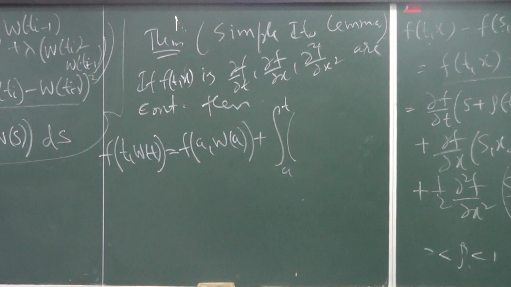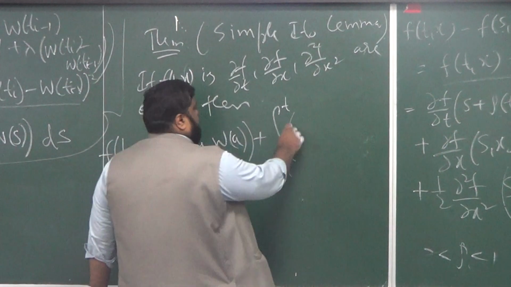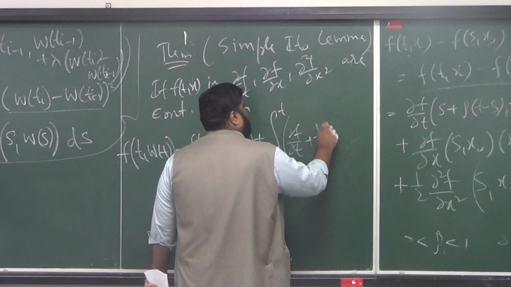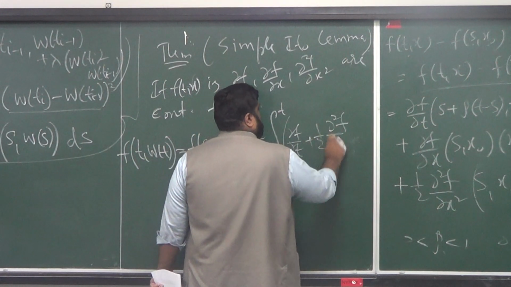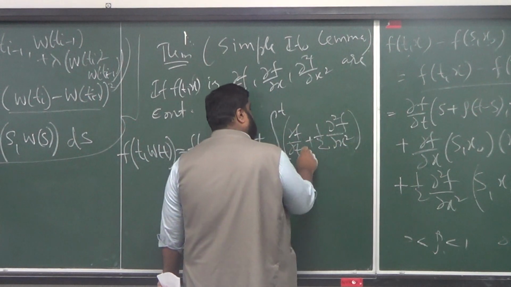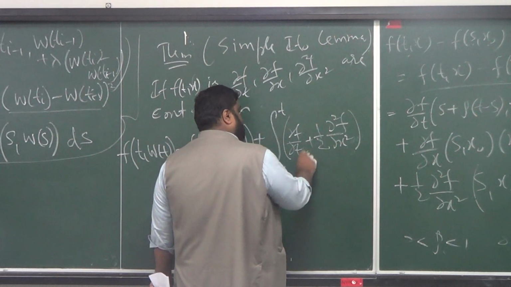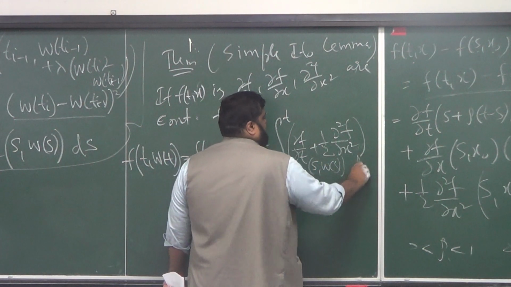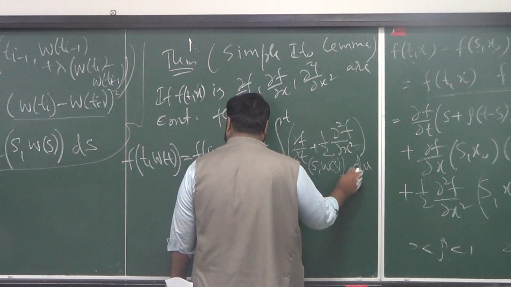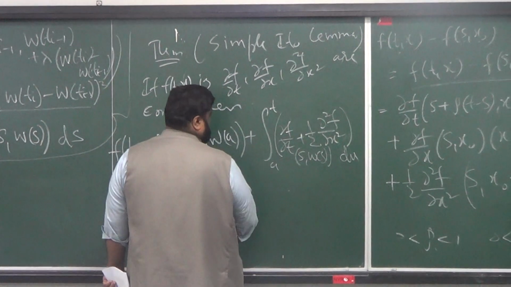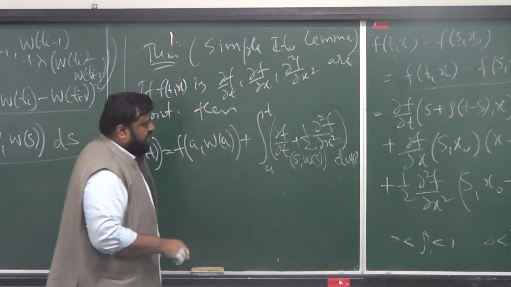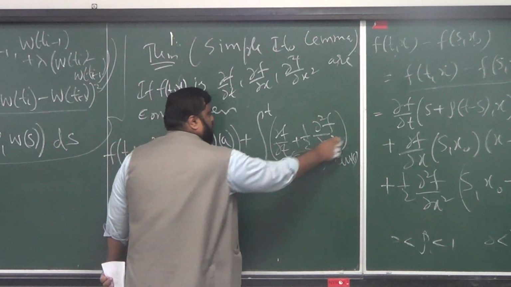Anyway, it's going to be partial f by partial t plus 1/2 partial 2f by partial x2, evaluated at s, w of s, dw of s. Write it here. Can you see that this argument goes here?